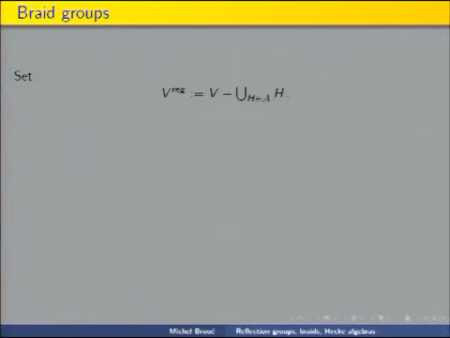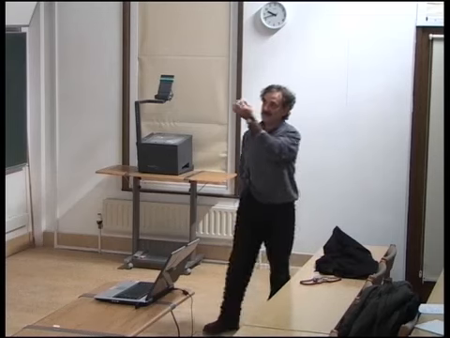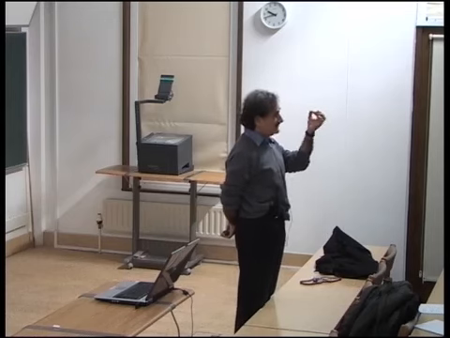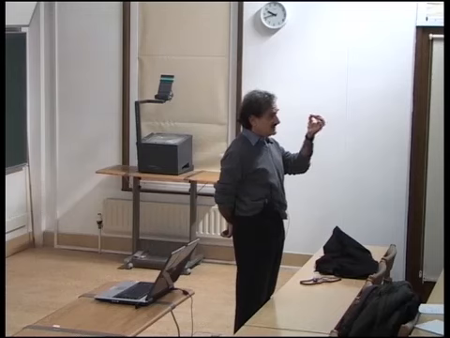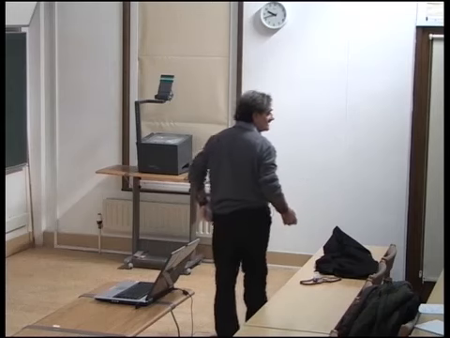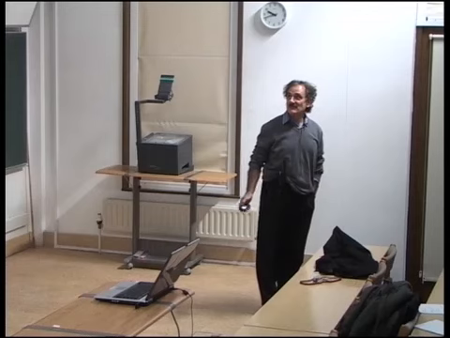So by Steinberg's theorem, the fixator of a regular element, an element which is not in a hyperplane, is trivial, because the fixator is generated by those G_H, where H contains this element, and this element is in none of these H. So okay, the fixator is trivial. This is the set of regular elements.